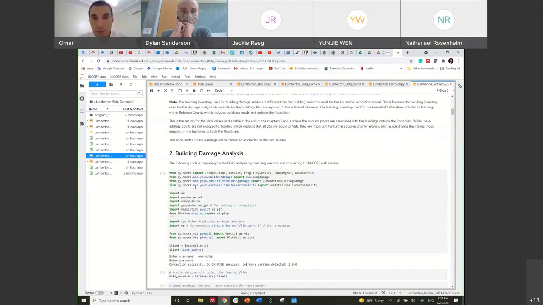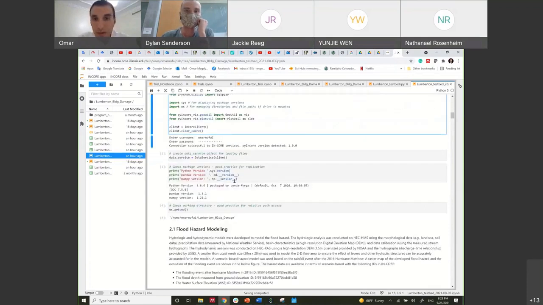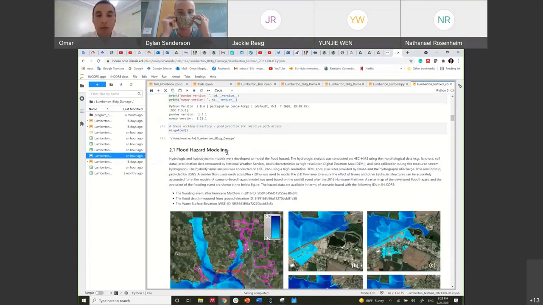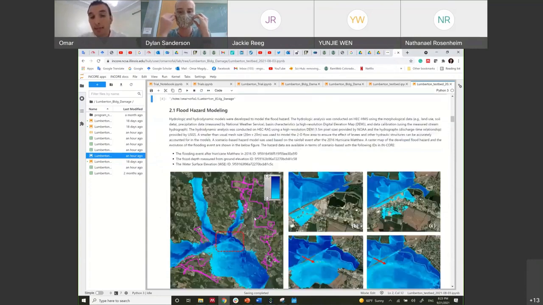First, the Jupyter Notebook starts with building damage analysis, which is initiated by reading the necessary functions to perform the analyses, and identifying the Python version and the other versions. For the flood hazard models, we include the raster maps for the flood hazard after Hurricane Matthew.